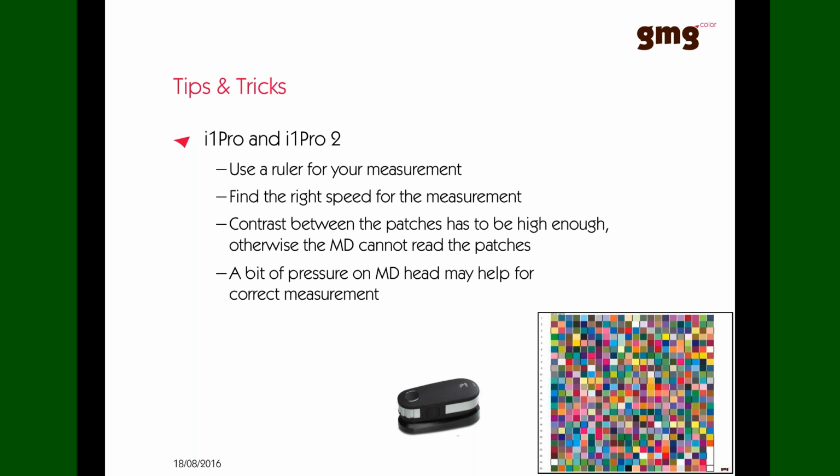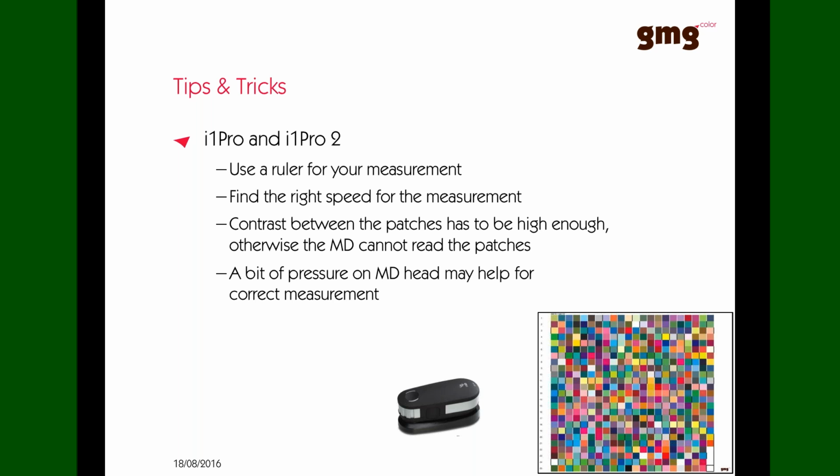The contrast between the patches has to be high enough. So for example, if you get a print on a very yellowish or brownish paper, then the contrast between patches sometimes isn't high enough. So the measurement device, when just doing a strip measurement, doesn't recognize the differences in between. So you would have to switch to a patch measurement. And patch measurement with a hand measurement device is usually not the best idea.